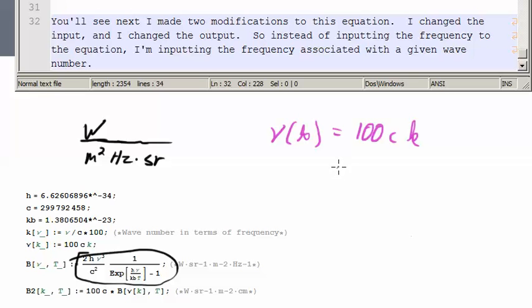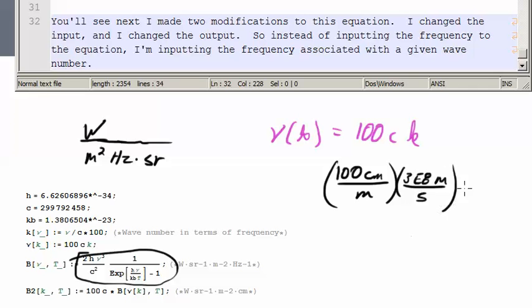The idea is that we have 100 centimeters per meter times c, which is 3 times 10 to the 8th meters per second, and then our k is given in per centimeter.